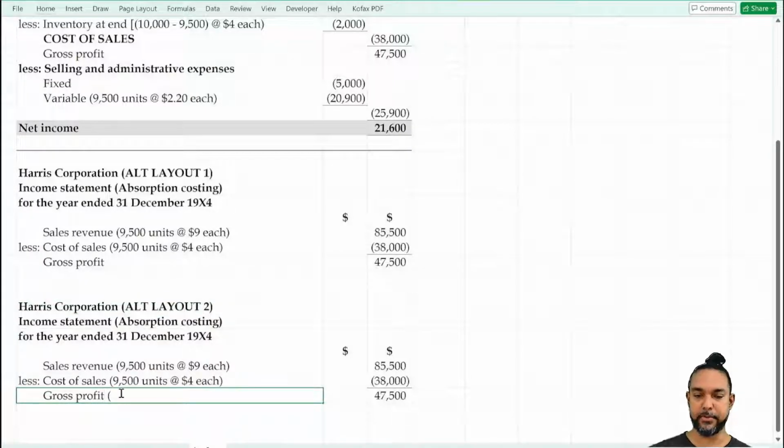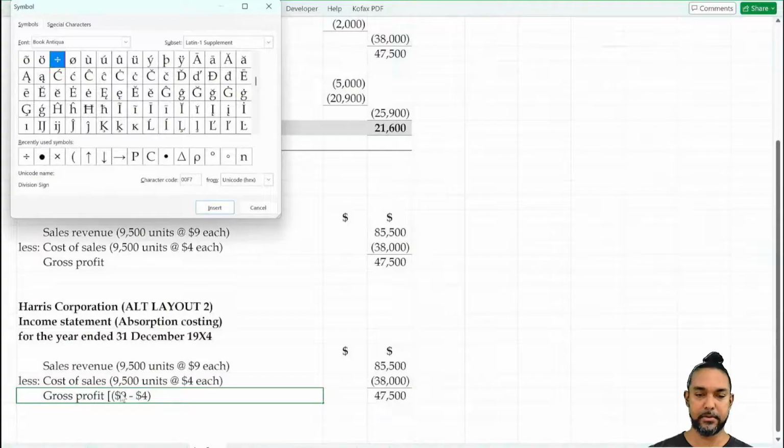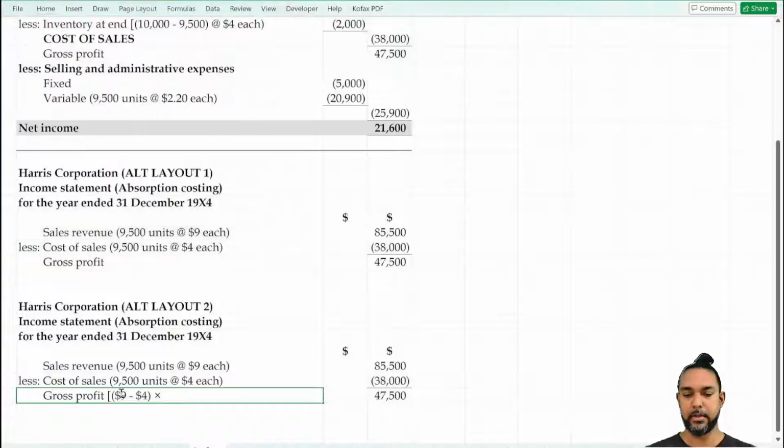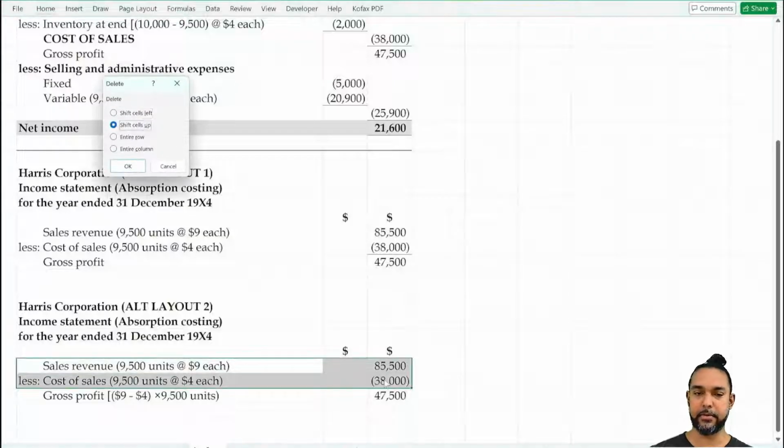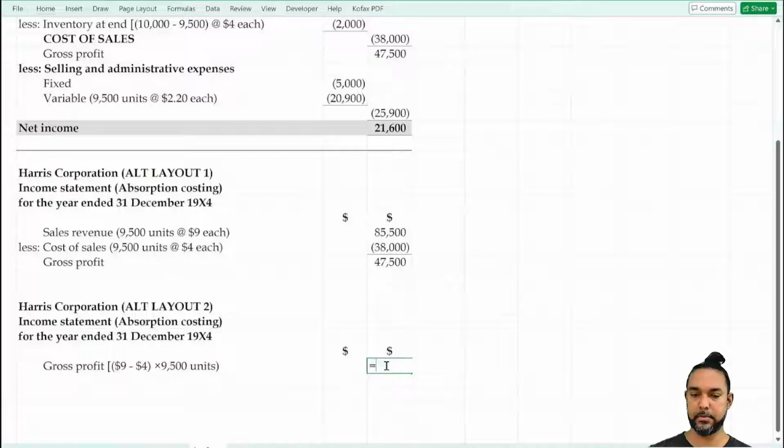So your gross profit, so think about it. You sold how many units? 9,500, right? Your selling price was $9. Your cost price was $4. And you sold 9,500 units. So these two things actually just kind of go away. See, 47.5.